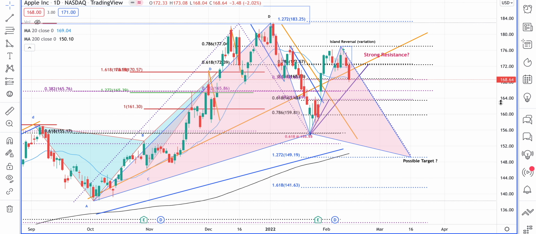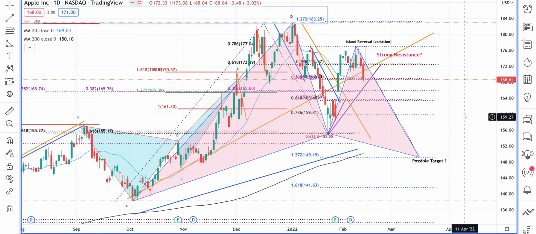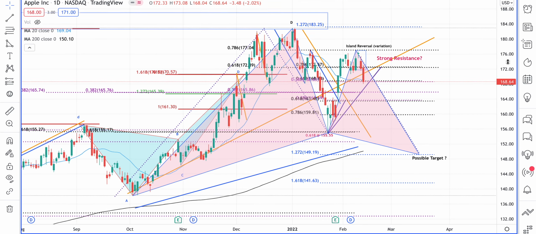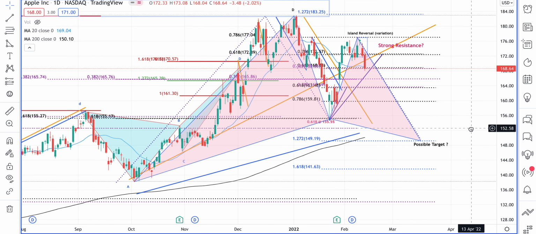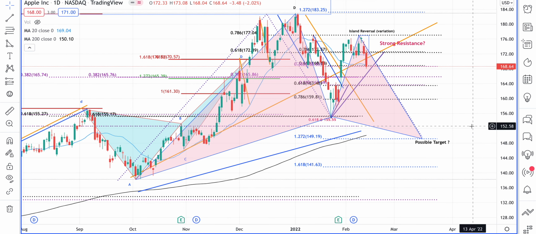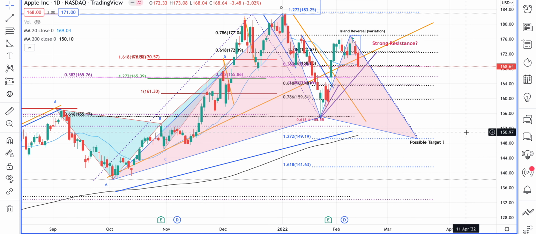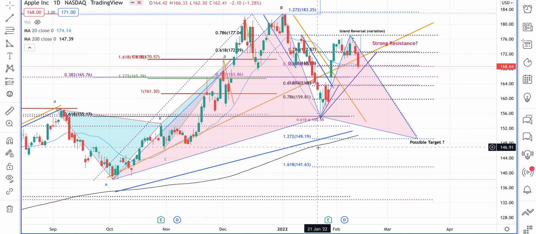So this is a scenario which could play out, and what is important is that if price begins to close below these levels, especially below the 200-day moving average, which is this black line here, then the stock begins to look increasingly bearish.